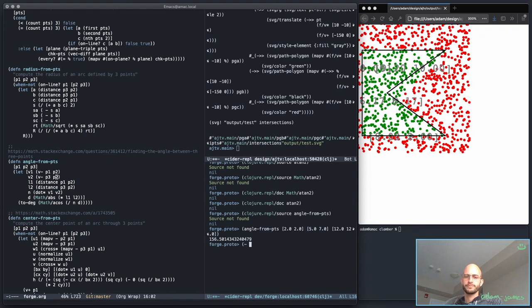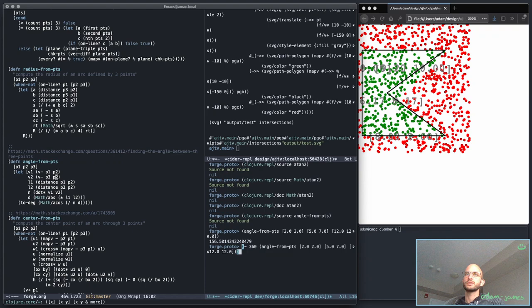Right, so the other possible angle from this is this, right? 203. How do I know which one to use?